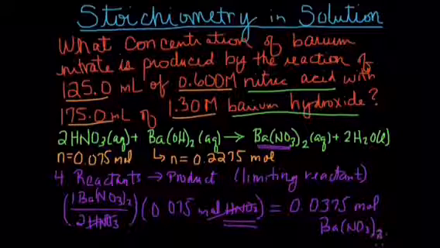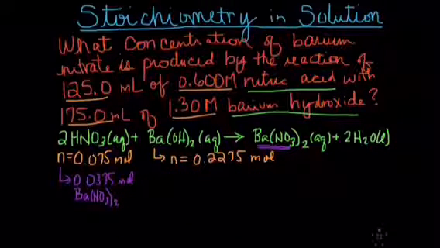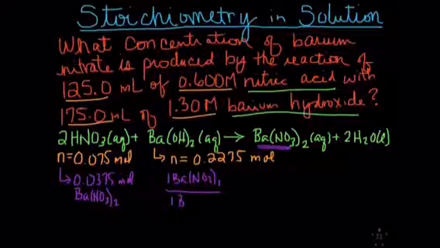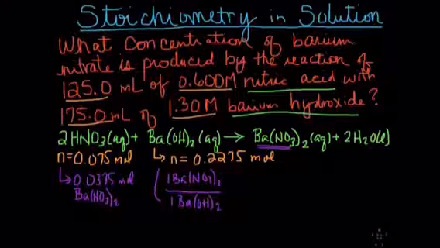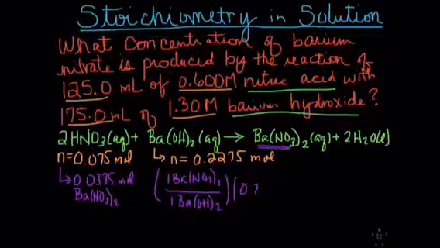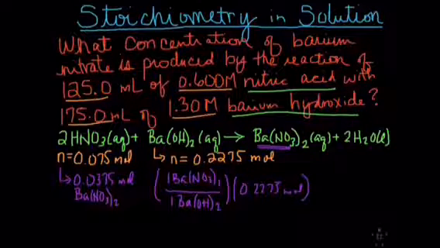So let's see how much we would make if we used up all the barium hydroxide instead. And this one's fairly obvious because we get 1 barium nitrate for every 1 barium hydroxide that we have. And so when I multiply that by the number of moles of barium hydroxide, I can make just as much barium nitrate as I have barium hydroxide.